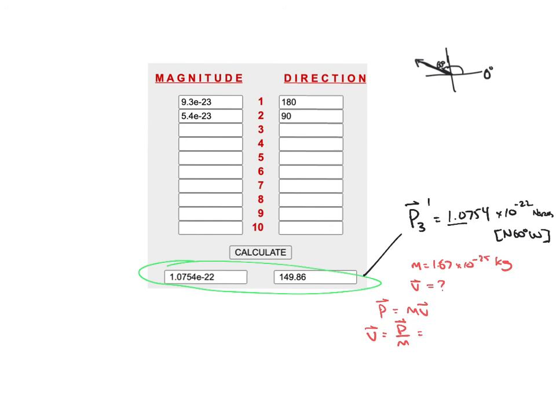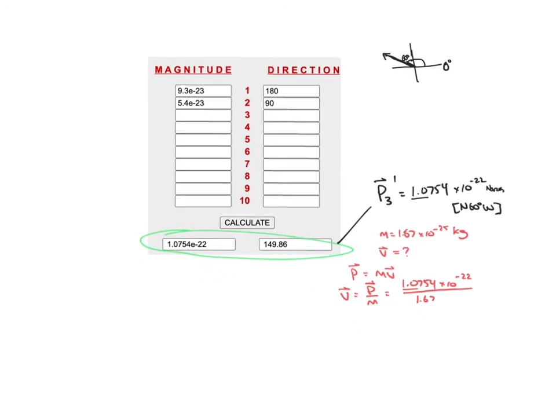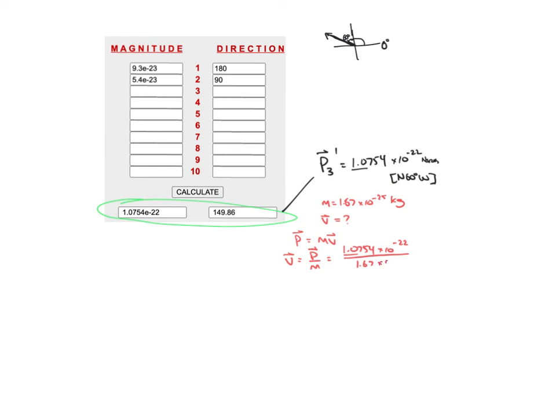So I'll just divide those two numbers. Okay, so 1.0754 divided by 1.67, and the powers of 10 as well.